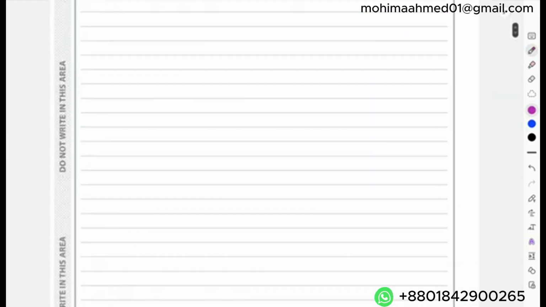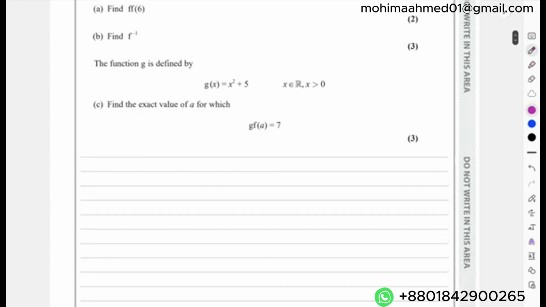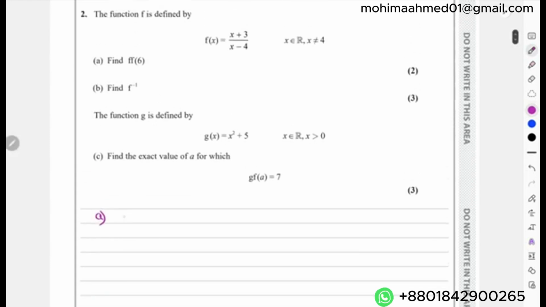Moving on to the next part. The function f is defined by this over here, and we need to find ff6. So for part A, f of x is x plus 3 over x minus 4.